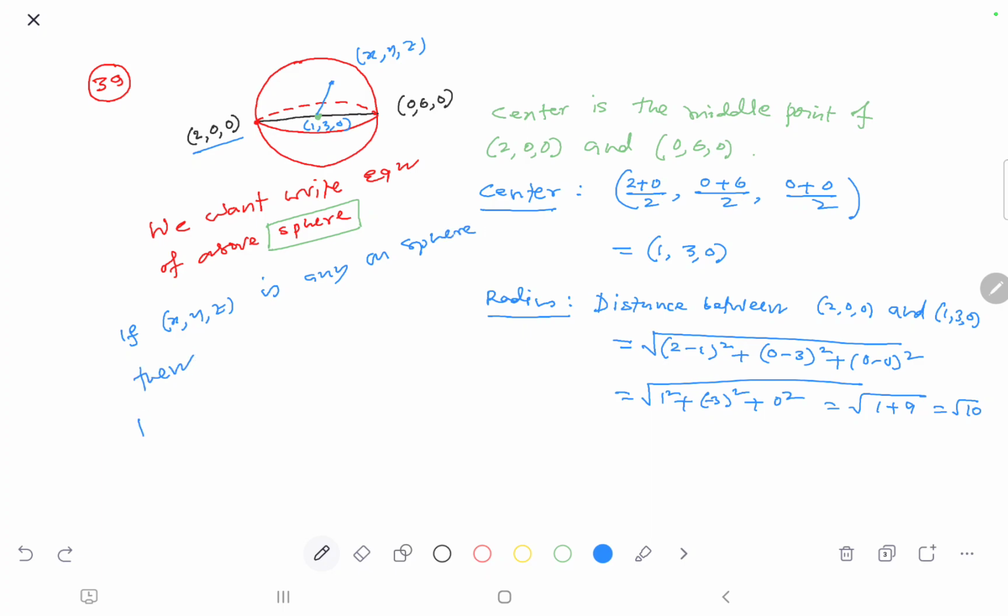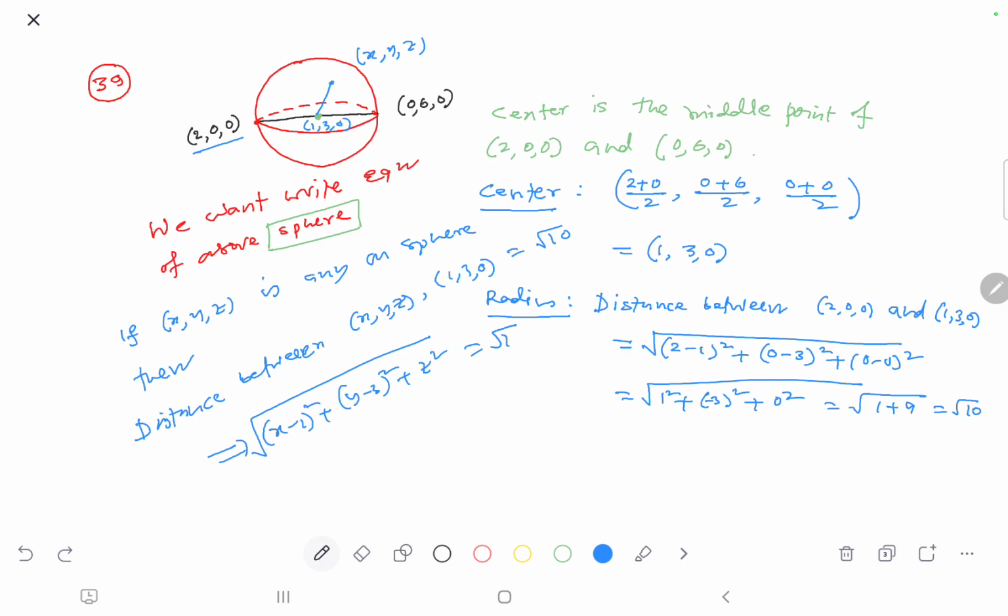Then the distance between x, y, z and the center 1, 3, 0 is equal to the radius. So this is the square root of x minus 1 whole square plus y minus 3 whole square plus z square, equal to square root of 10. So x minus 1 whole square plus y minus 3 whole square plus z square equal to 10.